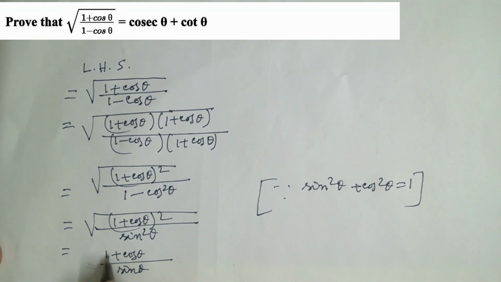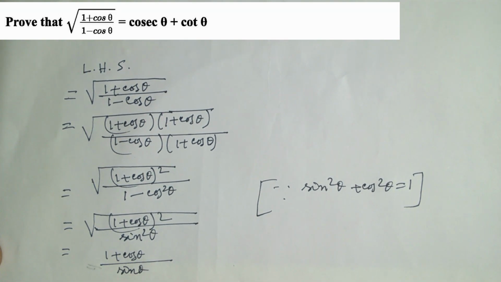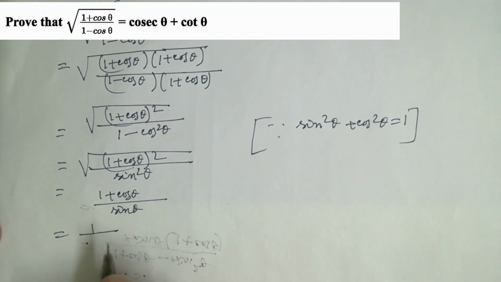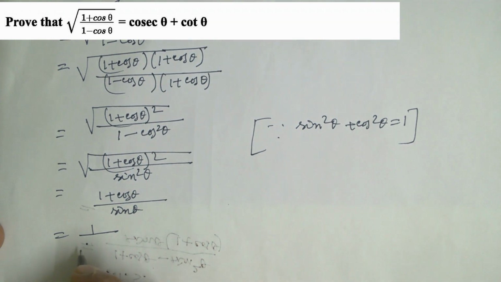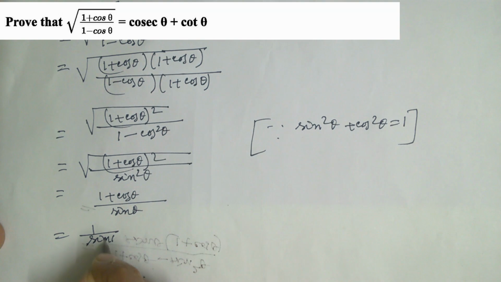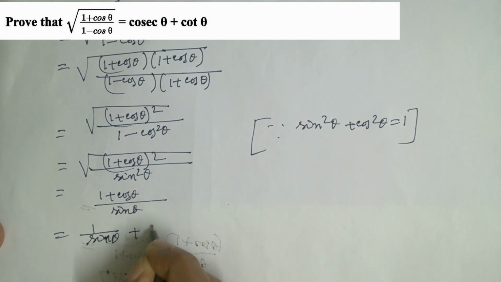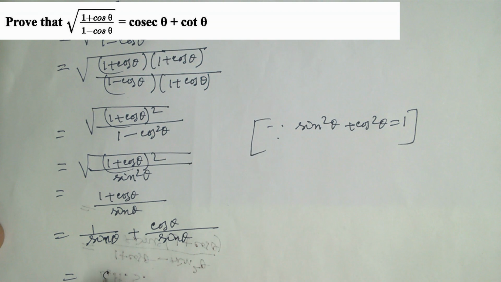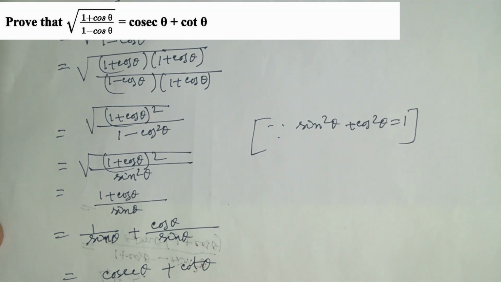Now break into two terms: 1 by sin theta plus cos theta by sin theta, that is equal to 1 by sin theta, cosec theta, plus cos theta by sin theta, cot theta, that is equal to the right hand side. Hence, so proved.